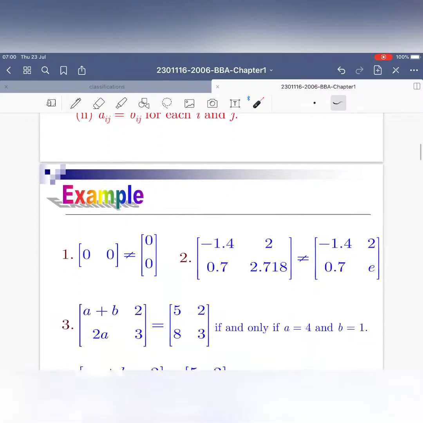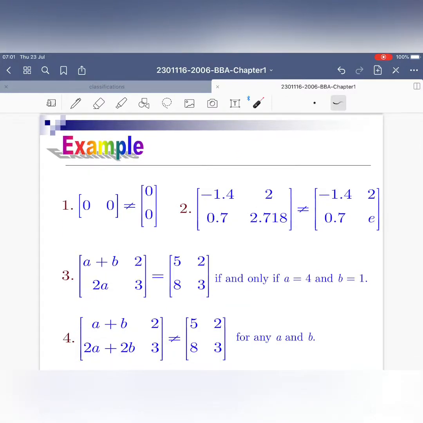For example, this one is not equal because here you have one row and two columns, but this one has two rows and one column, so they are of course not the same, okay. This one, even though the number of rows and the number of columns are the same, the first positions are okay.